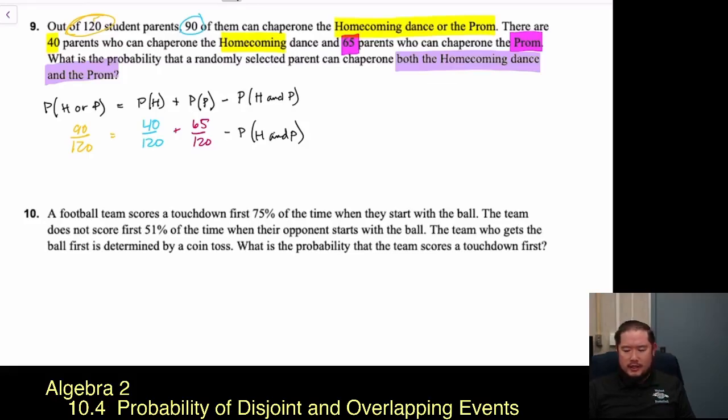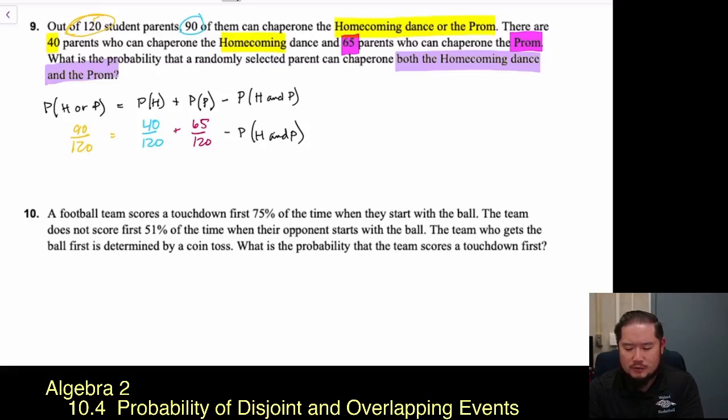So all we need to do is get that by itself as though we treat it like it's a variable. So we'll subtract 40 over 120 from both sides, and let's subtract 65 over 120 from both sides. So if we go ahead and do that, adding those two, that ends up being 105, right?